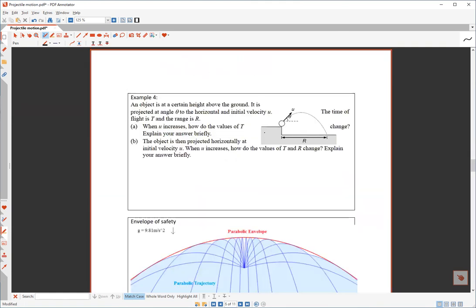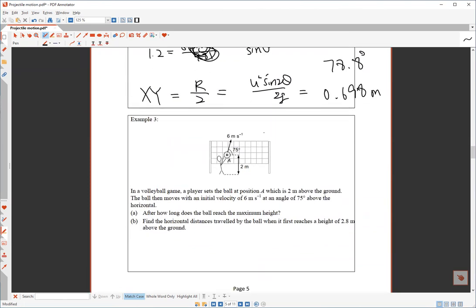For example three, now let me draw it on the side view. The ball moves like this. So how long does the ball take to reach the maximum height? The maximum height still has the condition that Vy is 0. And what is the horizontal distance traveled when it first reaches the height 2.8 meters above the ground?